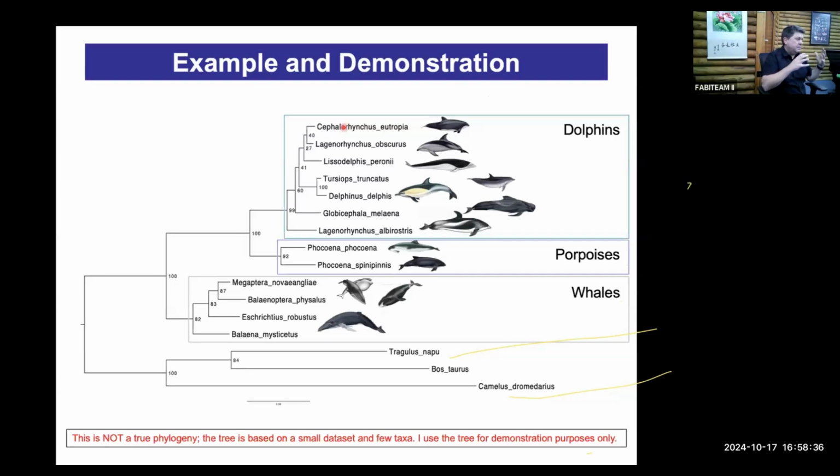It was the population. So you're right. But it's shown as one node. So therefore we refer to it as the ancestor. Okay. Yeah, good. Right.